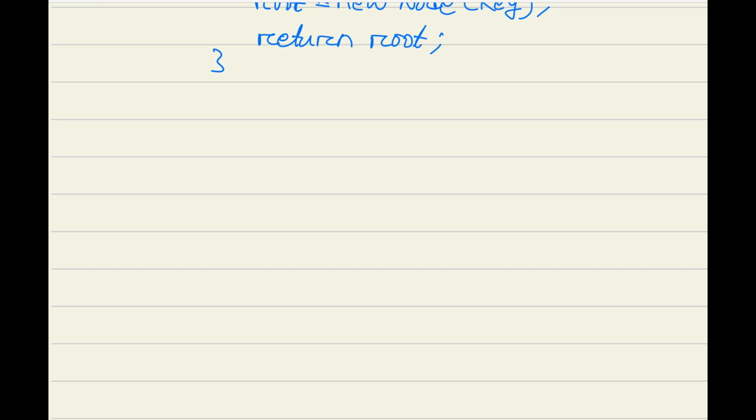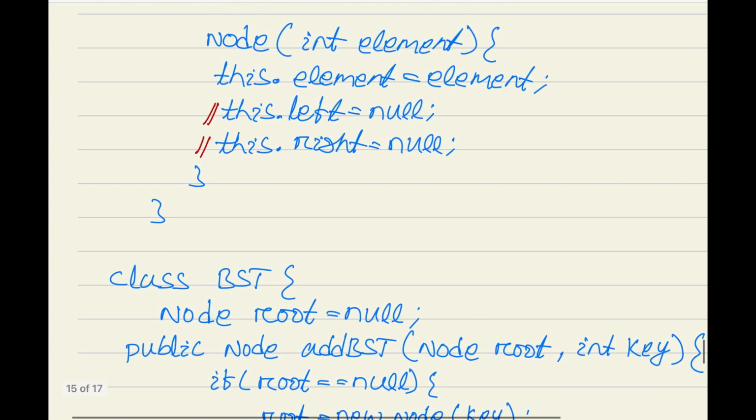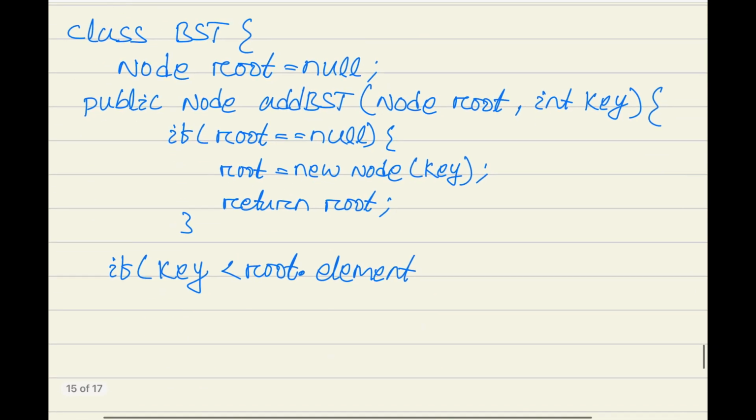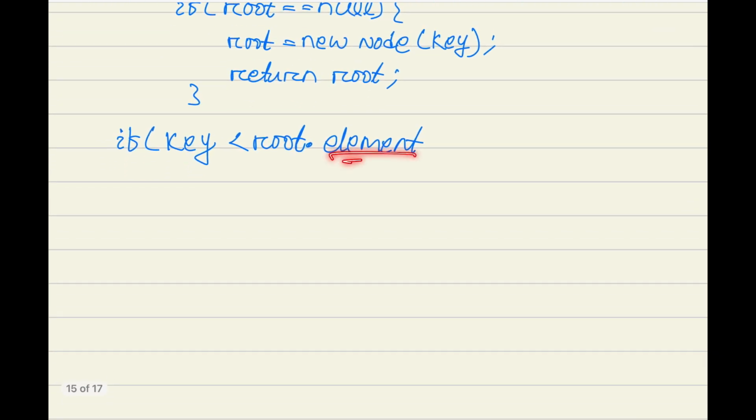So that thing we are going to write: if key less than root dot element, because here we are considering each node has one element that contains the integer value, and based on this element we are finding the order of the binary search tree.